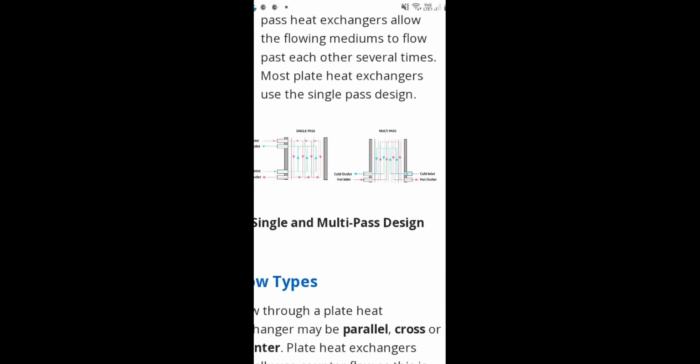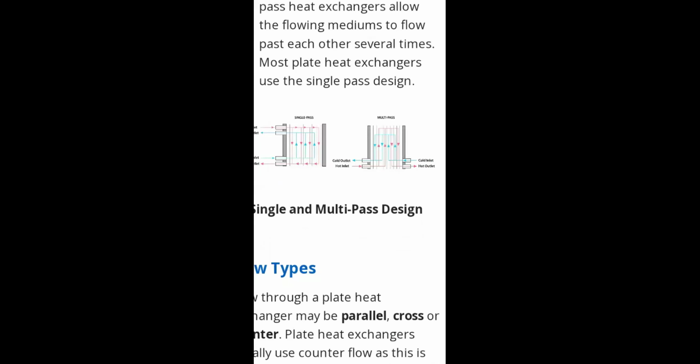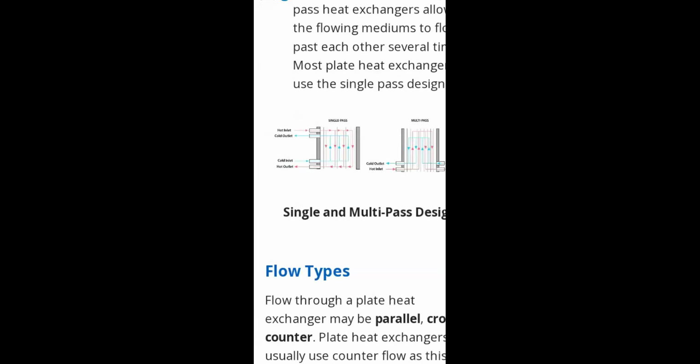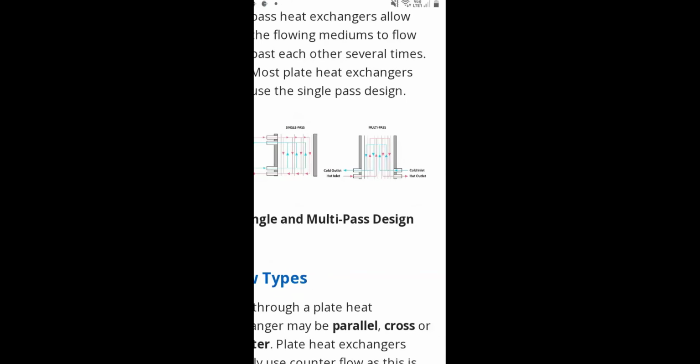And this is your multi-pass: the cold inlet, cold outlet, and cold inlet. The flow goes through several chambers, and this is the hot inlet, hot outlet. One is your single pass like this, and this is your multi-pass.